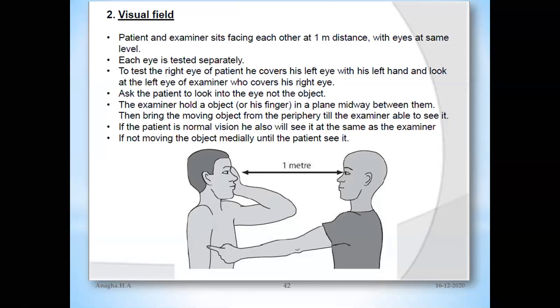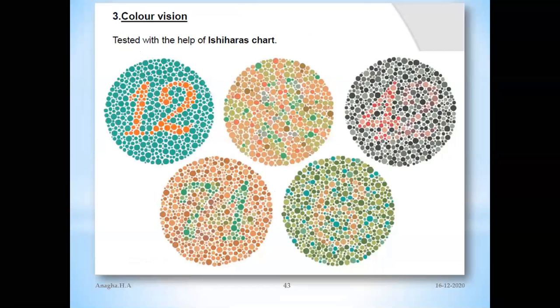If not, move the object medially until the patient sees it. So the physiology is that the patient should see the same visual field as the examiner. But if there is any pathology, he might not have that wide a range of visual field; it can be constricted. Then we have to bring the finger until the patient sees it, up to that point. Then coming to the color vision, it is tested with the help of the Ishihara's chart.